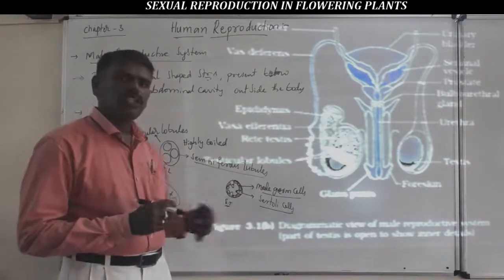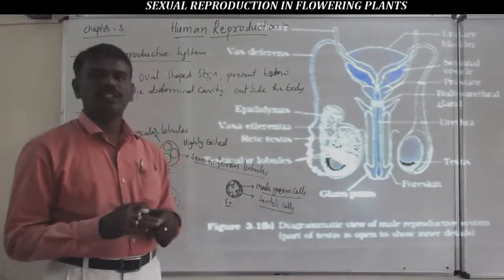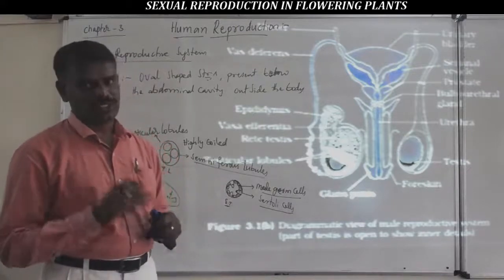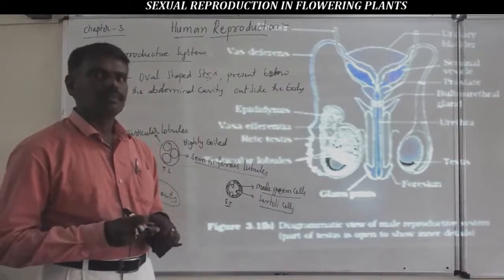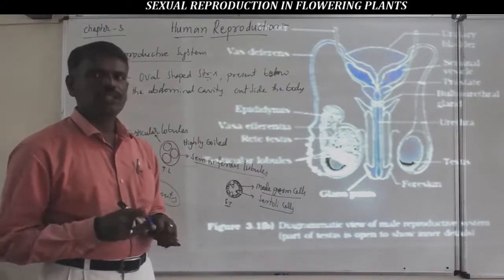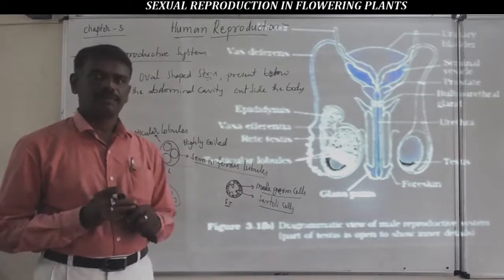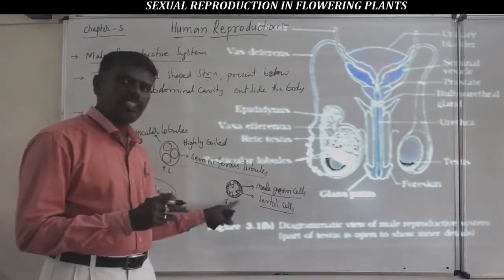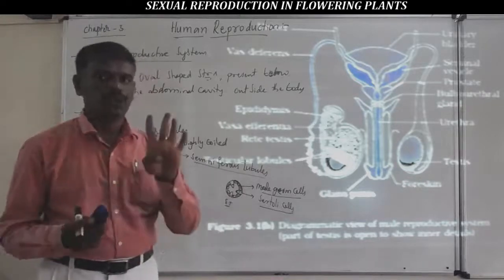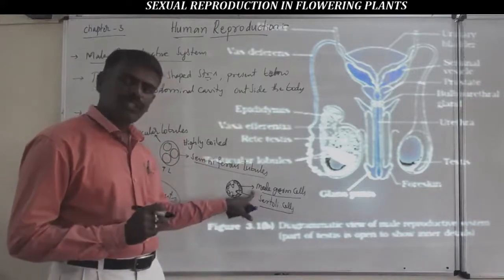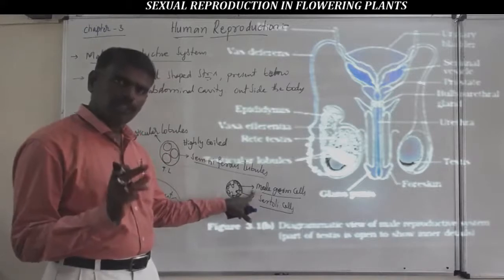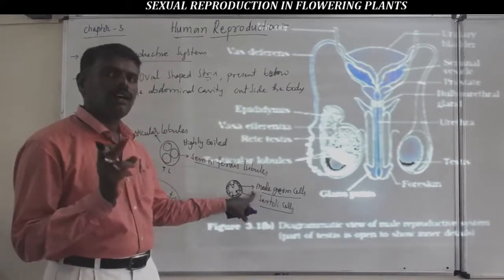The male germ cells act as spermatogonial cells, also called spermatogonium, in which meiosis occurs. Each spermatogonial cell produces 4 sperms.